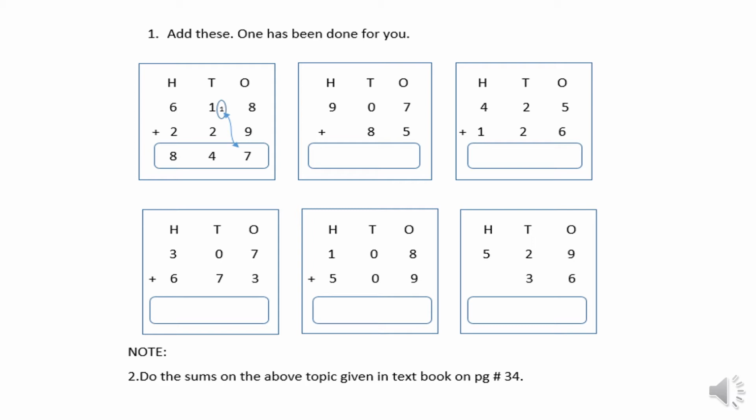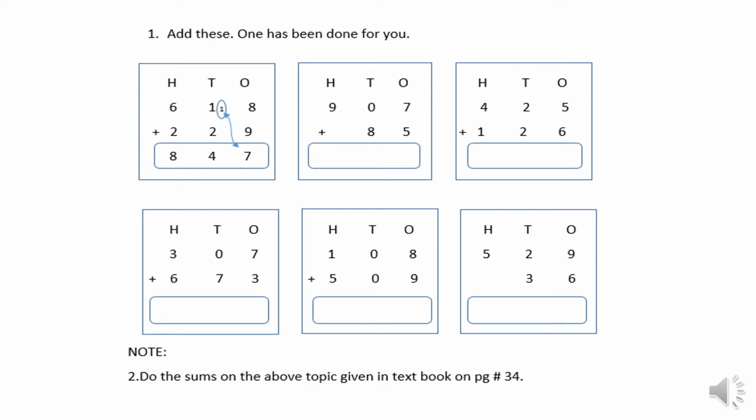Similarly, in the second sum you see in ones we have 7 and 5. When we add 7 and 5 we get 12. So we write 2 in ones and will carry 1 to the tens. In tens we have 0 and 8, and when we add this 1 with 8 we get 9, and in hundreds we have 9.